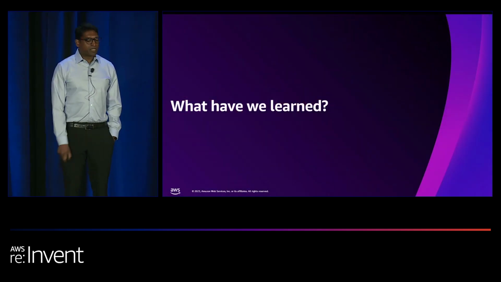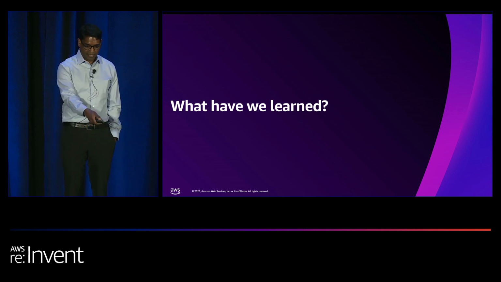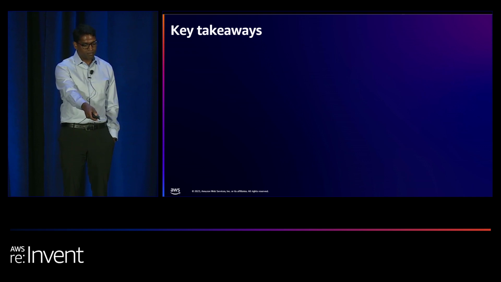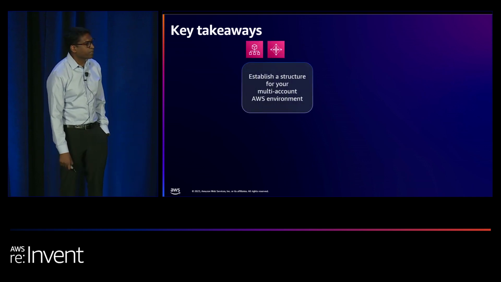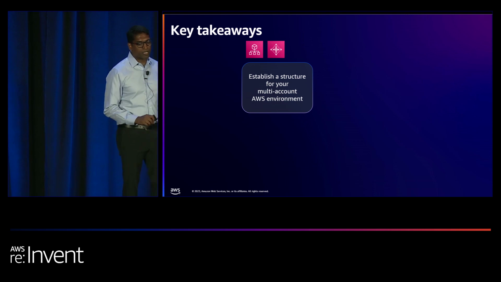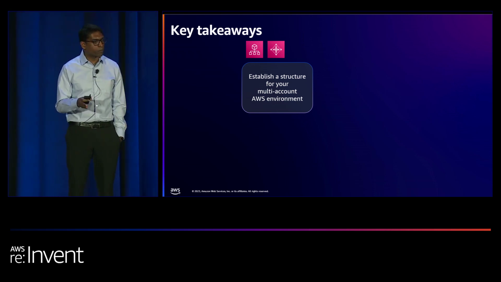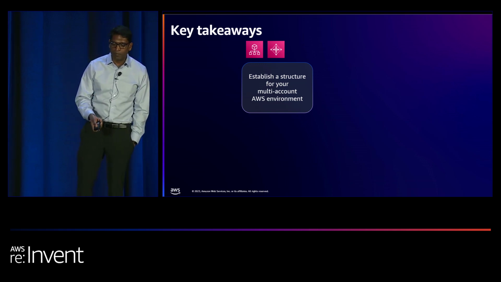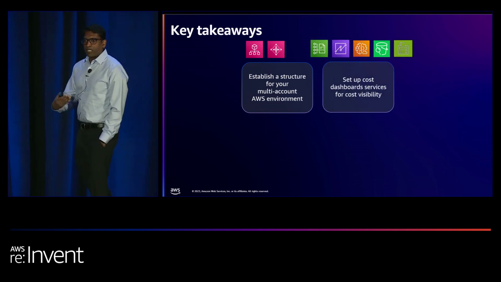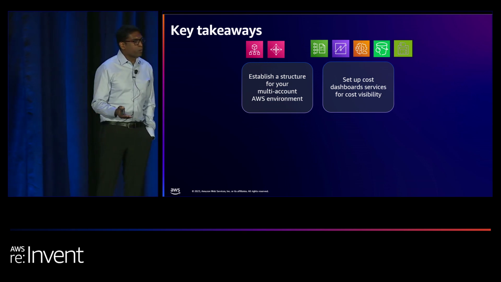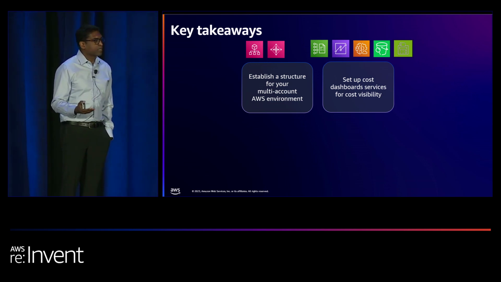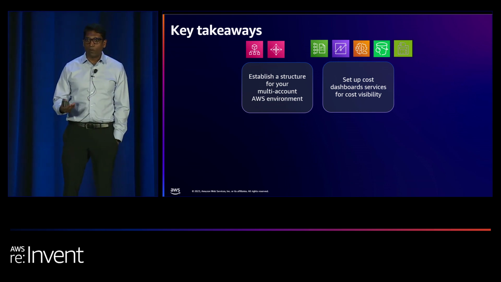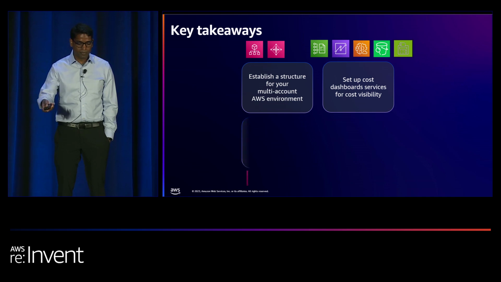Now, to summarize what we have learned, we're going to start with a few key takeaways from the understand and plan stage. We first started with establishing a structure for your multi-account environment, using Organizations and Control Tower. Then we moved into the visualize and measure stage, where we set up cost dashboards so that you can have cost visibility and understand how your resources were being used.